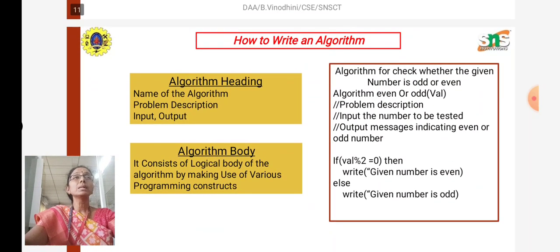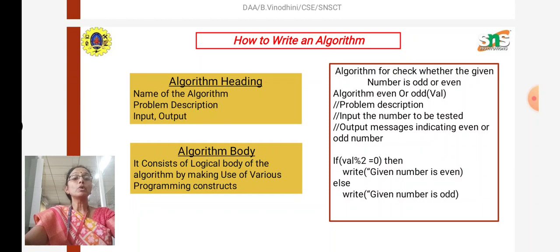Next, we should know that there are certain procedures to write an algorithm. So now we will see how to write an algorithm. For every algorithm we have two important parts: the algorithm heading and the algorithm body. The algorithm heading consists of the name of the algorithm, the problem description, the input and the output.